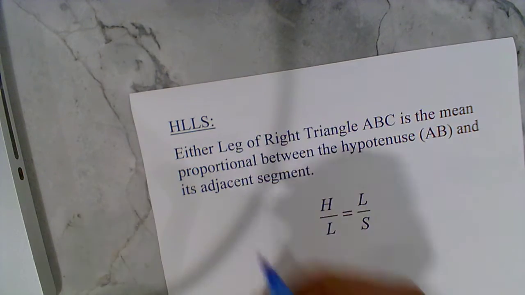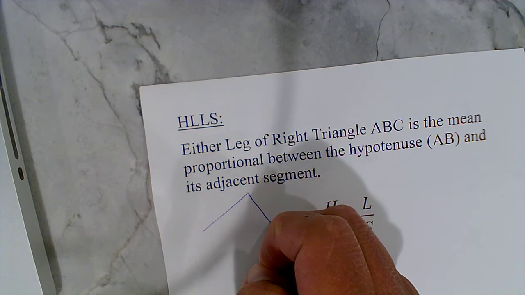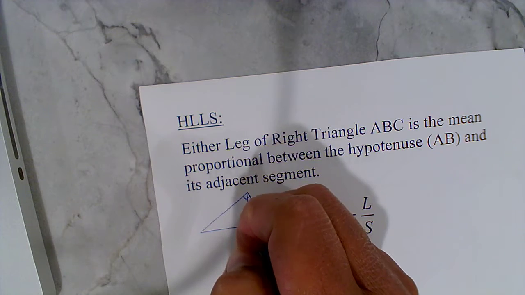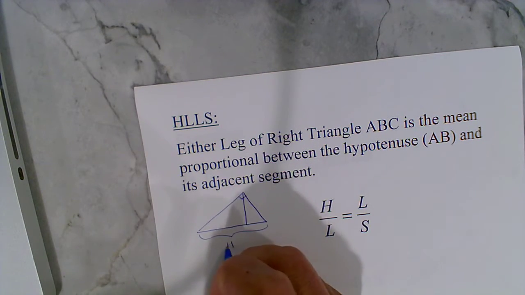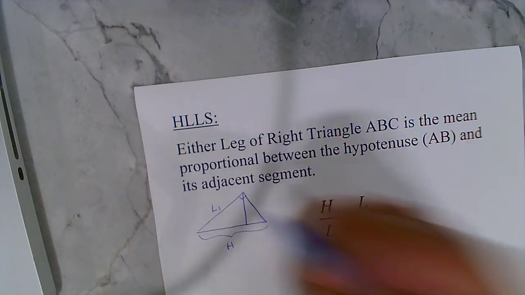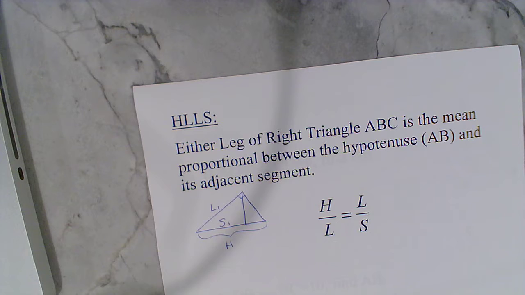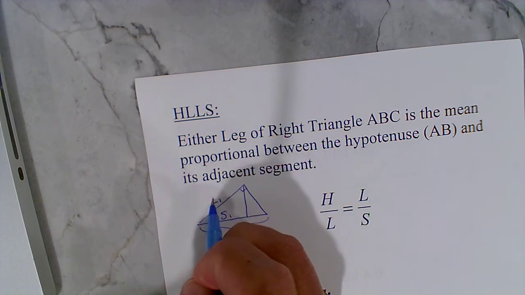You're going to almost look at this with two different proportions, though. I'm going to try to somewhat neatly draw this here. Now, you have your hypotenuse. We call this leg 1. We call this segment 1. So you're going to have an HLLS for leg 1.